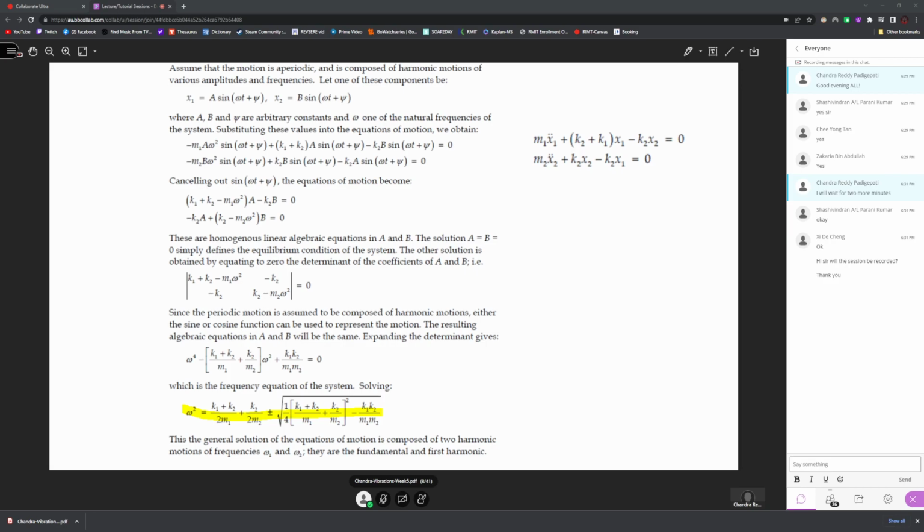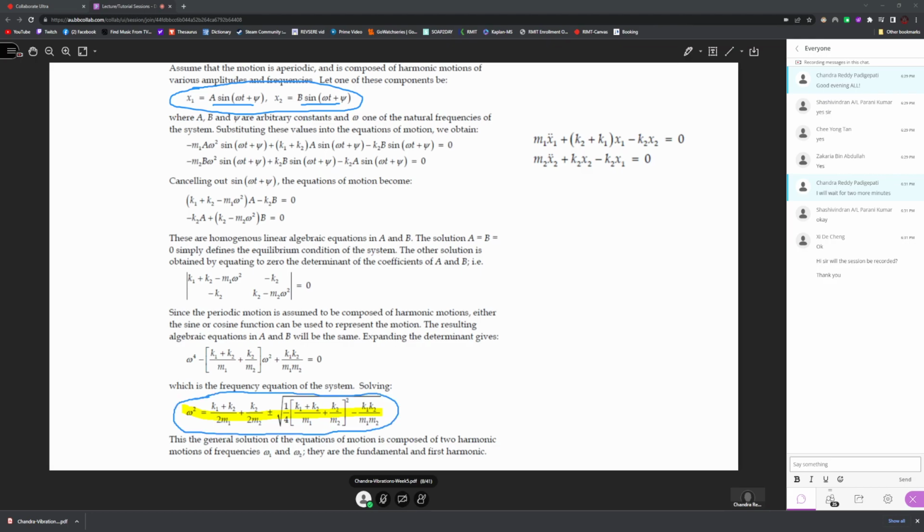So now we can solve this 2-degree freedom system by taking the displacements x1 and x2 in this form: A sin(ωt + φ) and B sin(ωt + φ). So you can see that, okay, ultimately we can solve the equations, then we can come out with the two natural frequencies.